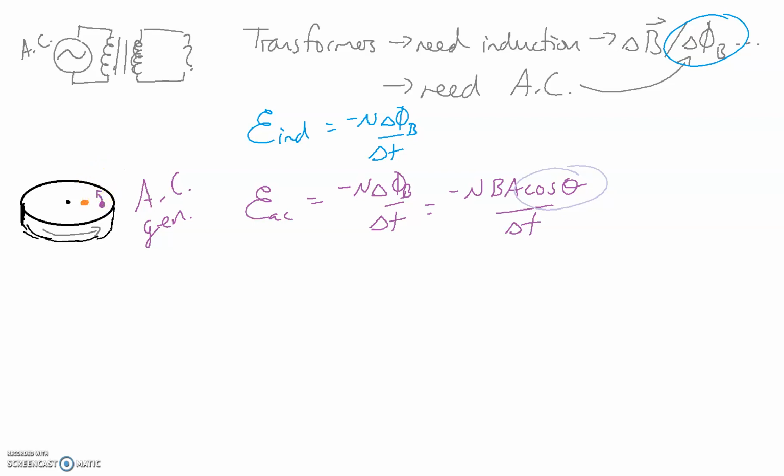Now between the two, the orange one and the purple one, if I asked you which one is faster, you might want to say the purple one, because it's got a bigger radius, it's got a bigger distance. But it depends on what you mean by faster. When these guys go around, the orange one will go around in a circle, the purple one will go around in a circle.